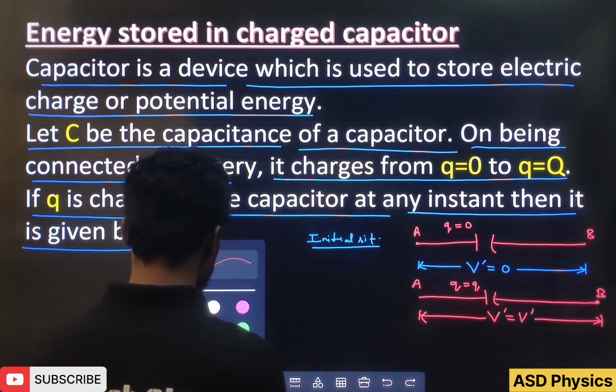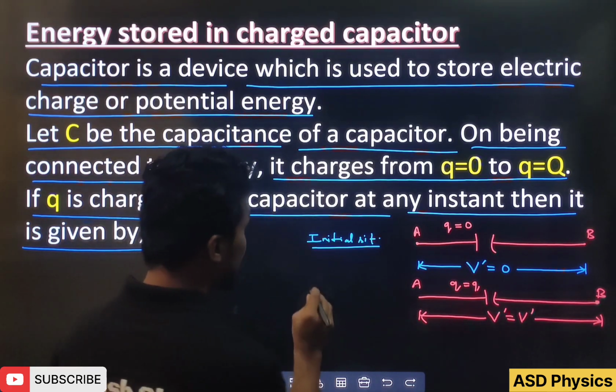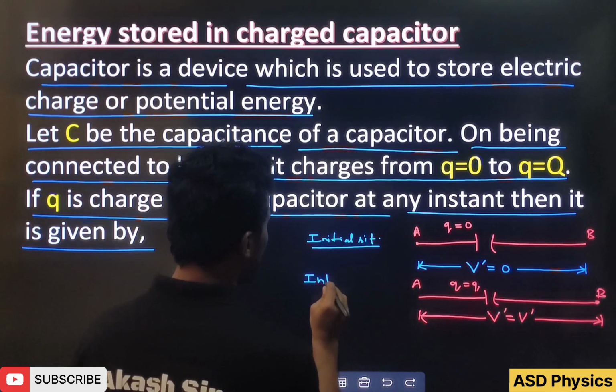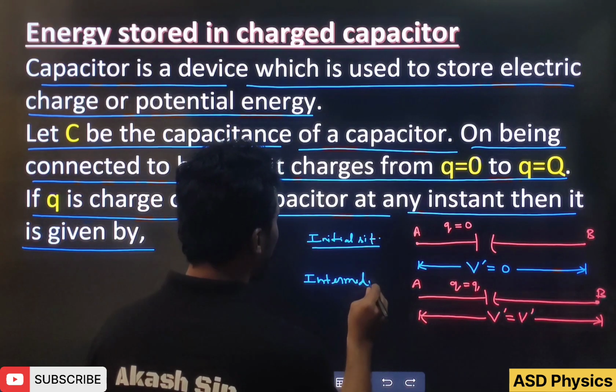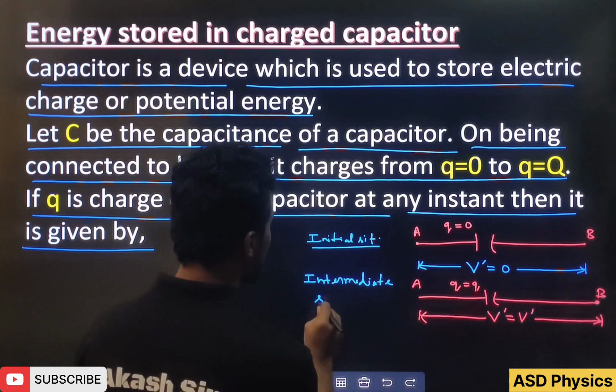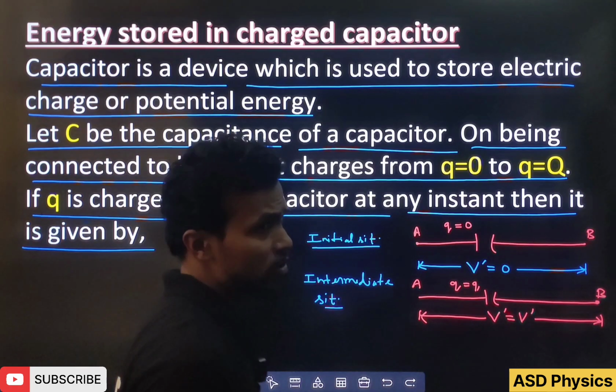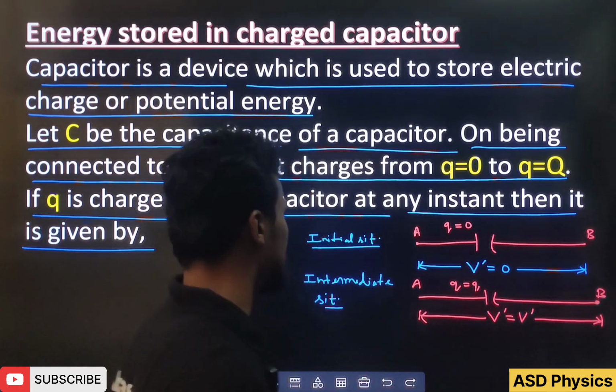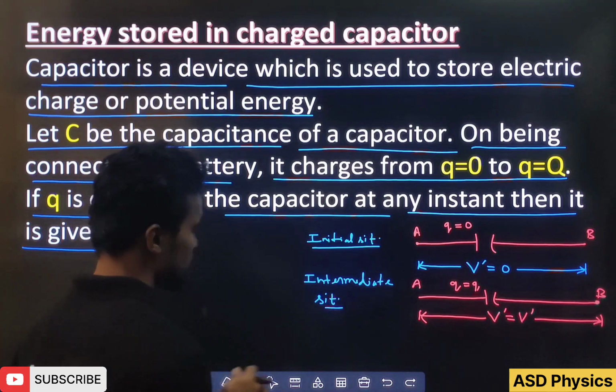Whenever we have to analyze this kind of situation, where physical quantities keep on changing, we need three situations: initial, intermediate and the final situation.